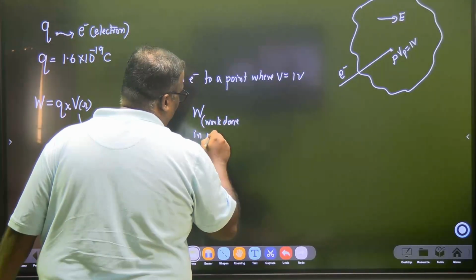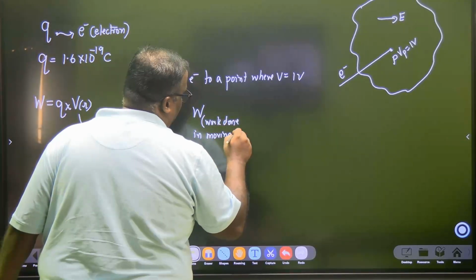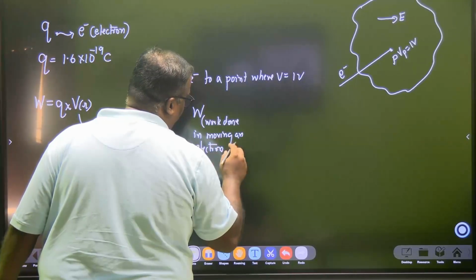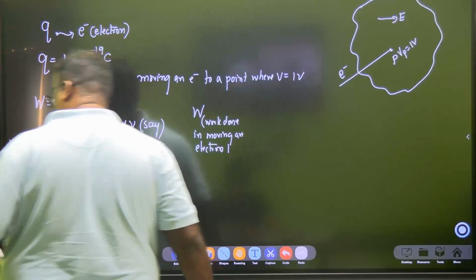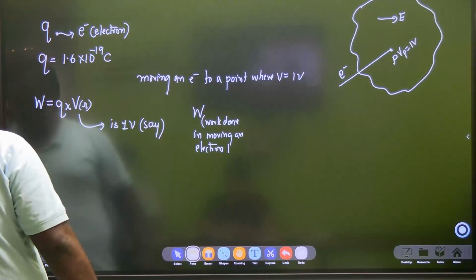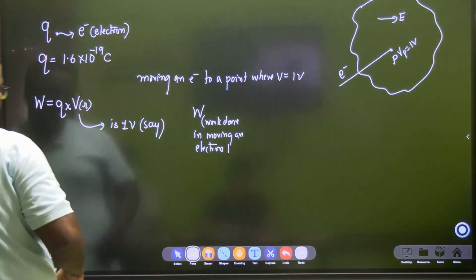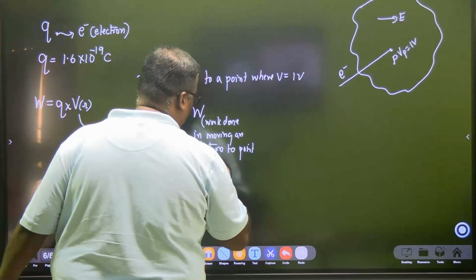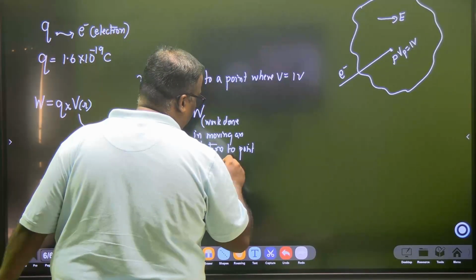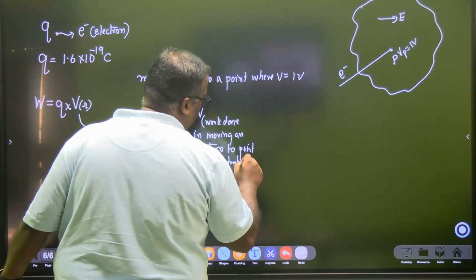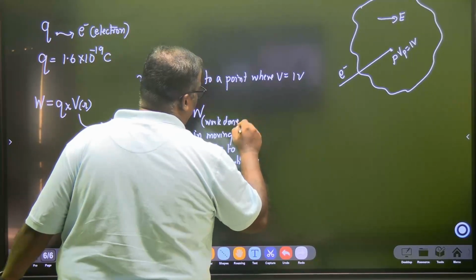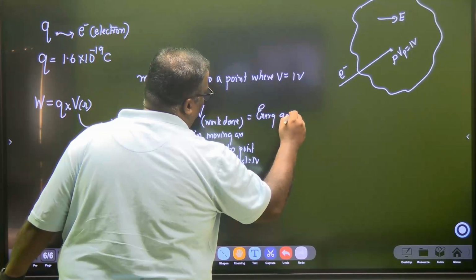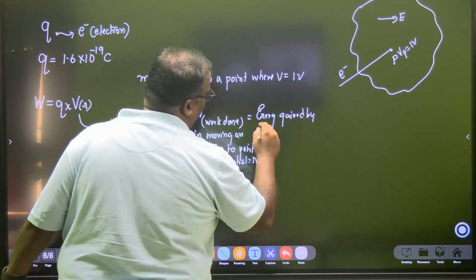in moving, or actually accelerating, an electron to a point of potential equal to 1 volt, which is the same as the energy gained by the electron.